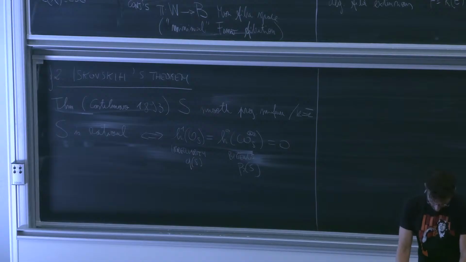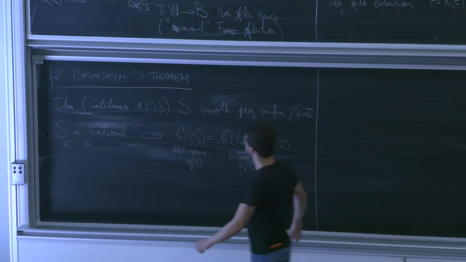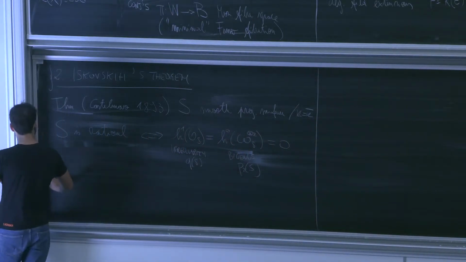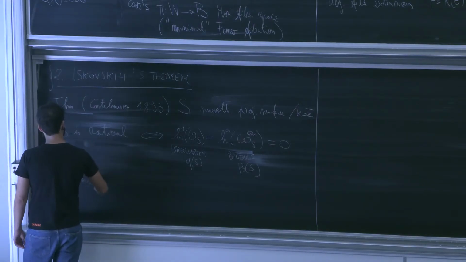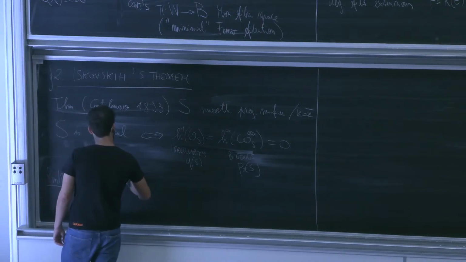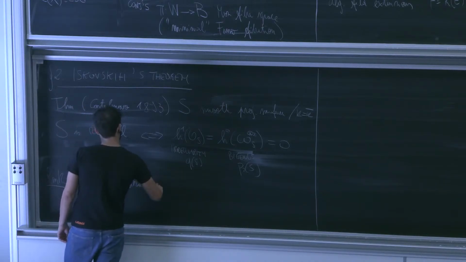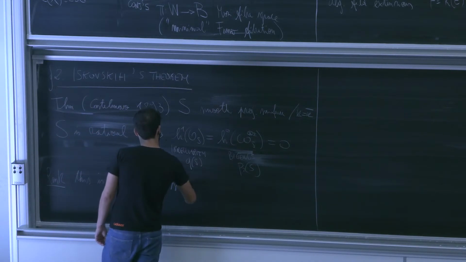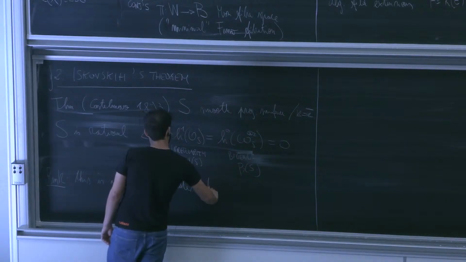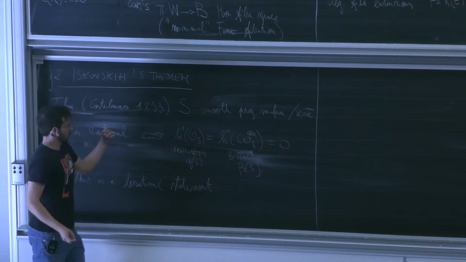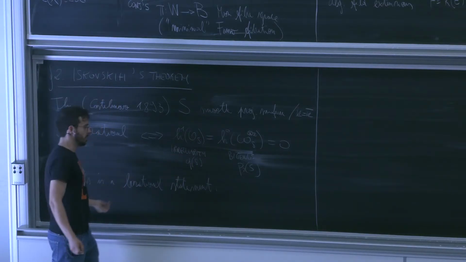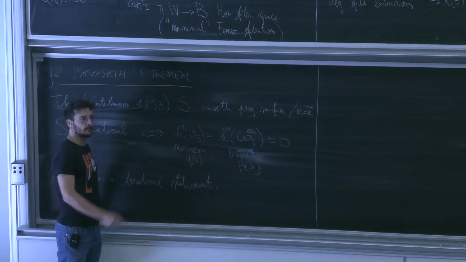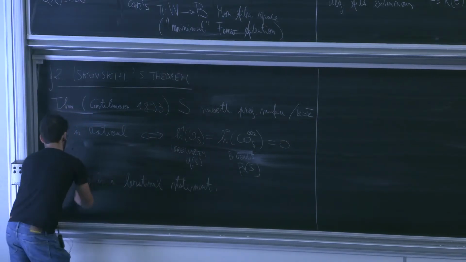And the remark is that this is a birational statement. Those two are birational invariants, so asking for the vanishing, when proving the non-trivial implication, you can assume that your surface is minimal.